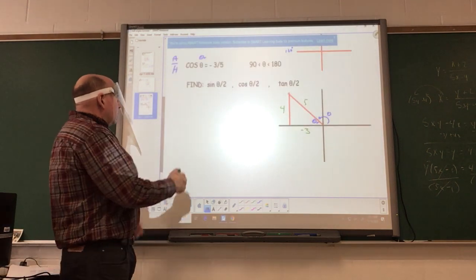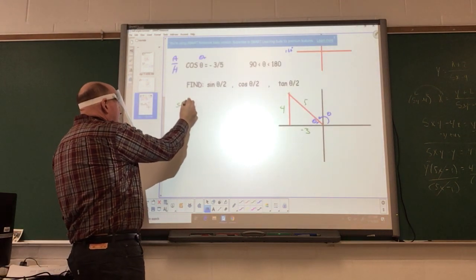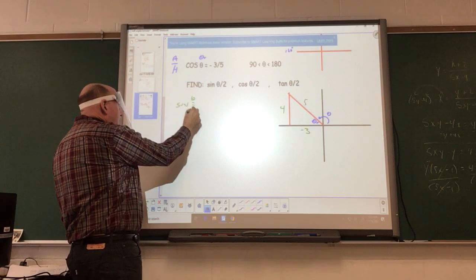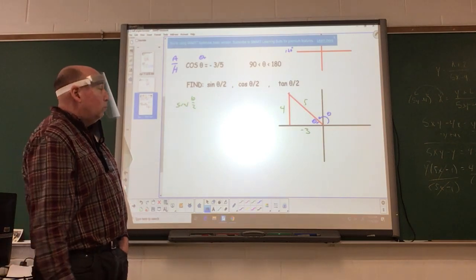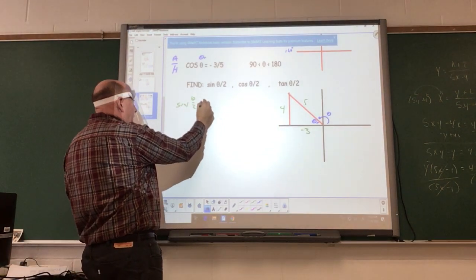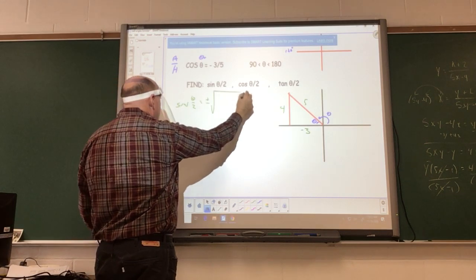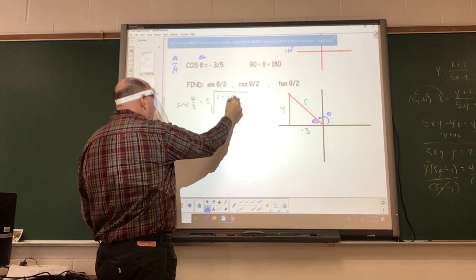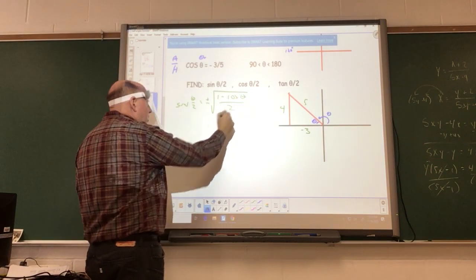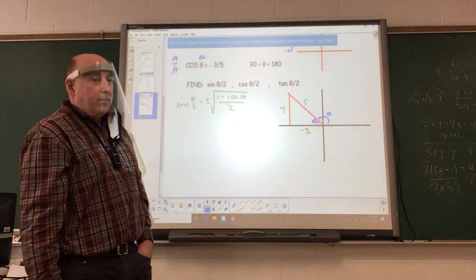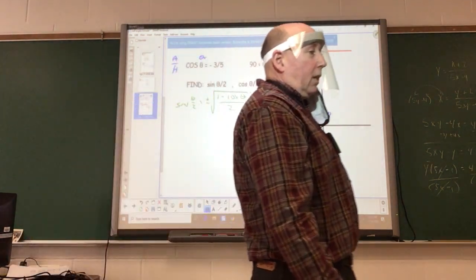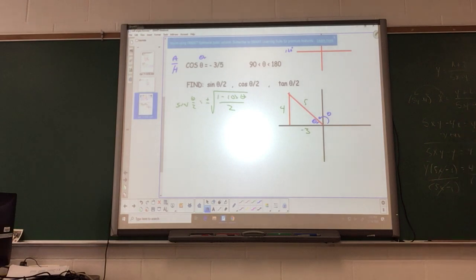I want to calculate the sine of theta over 2, half theta. Well, sine of half theta is defined as plus or minus the square root of 1 minus cosine of theta, divided by 2. Once again, this is where your calculator will help you out.